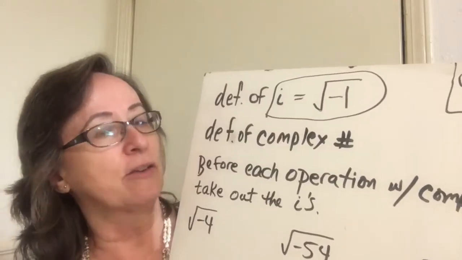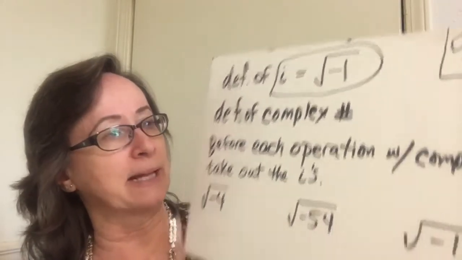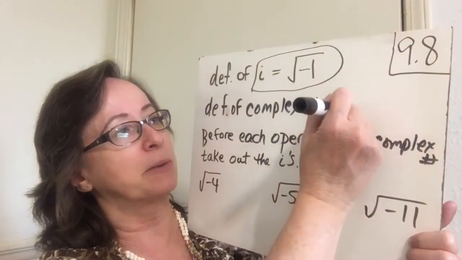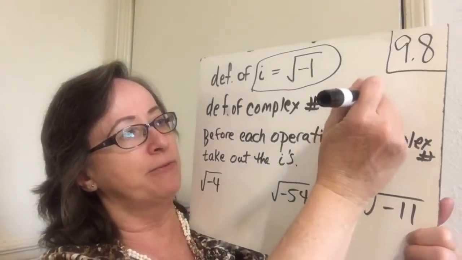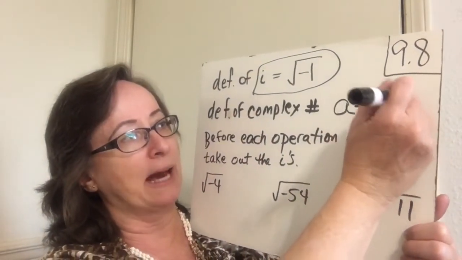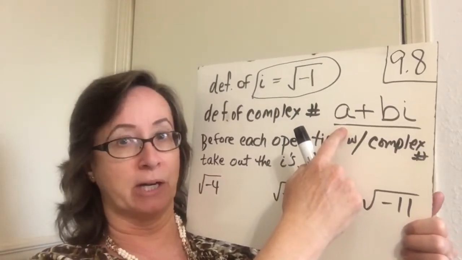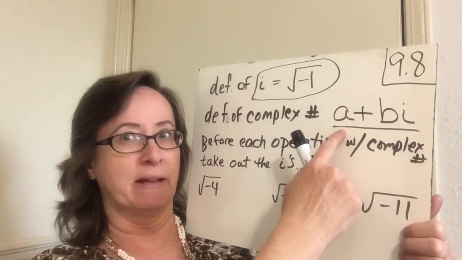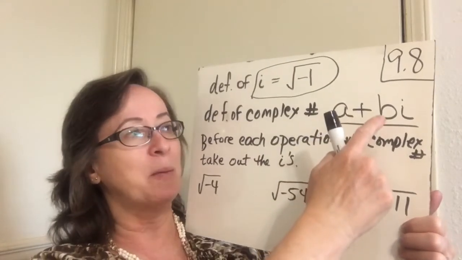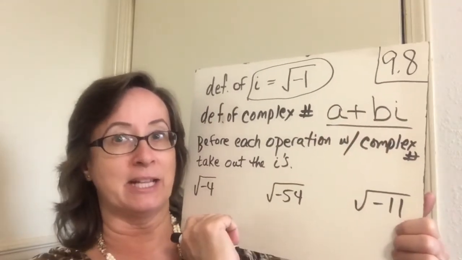exceptions, okay? So first of all, we're going to talk about what is a complex number. A complex number is a number of the form a plus bi, okay, where a is the real number part, the real number that we've been dealing with all the time, and then bi is the imaginary part.